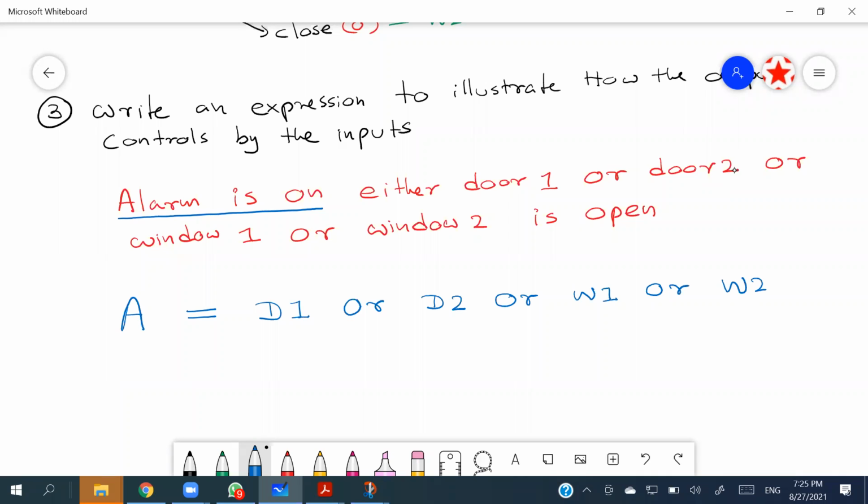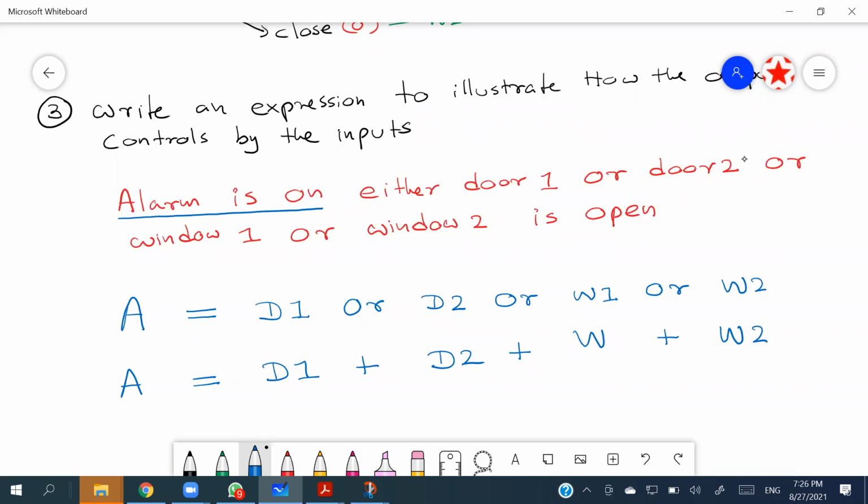And this is going to give us the expression, right? So what's the expression? A equals D1 plus D2 plus, I'm sorry, not D3, it's W1 plus W2.